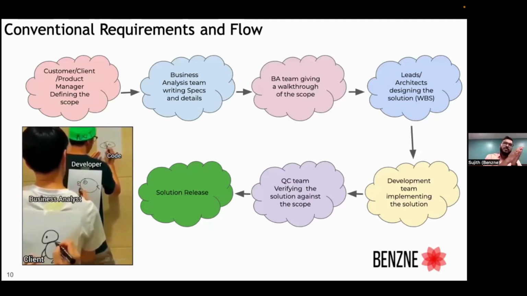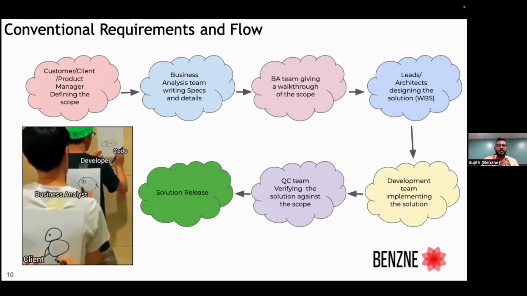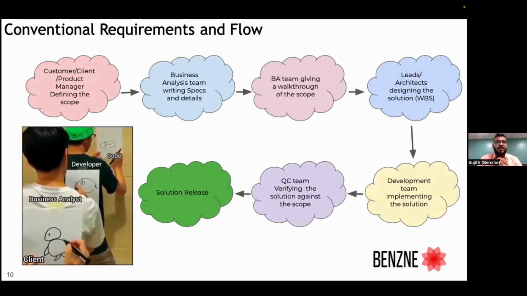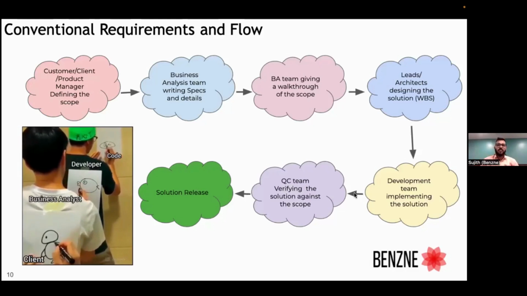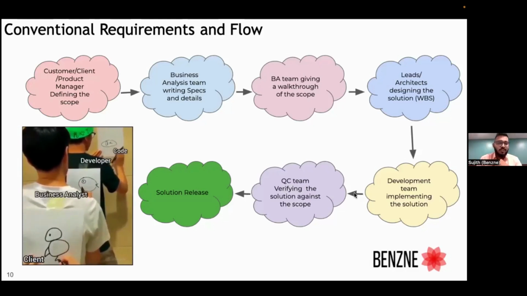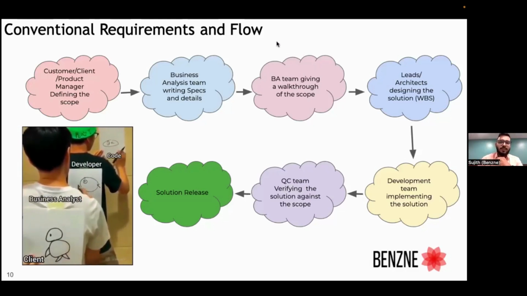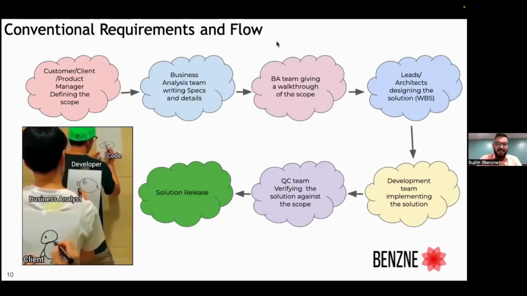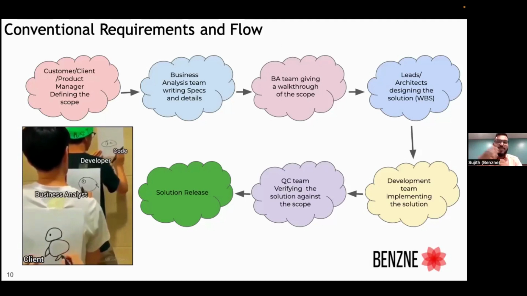Then that understanding is given to the leads or architects for designing, be it the architecture or the wireframes or visual designs. Once that is done, it is passed to the development team, where the solution is implemented.